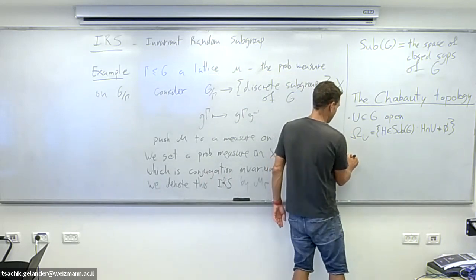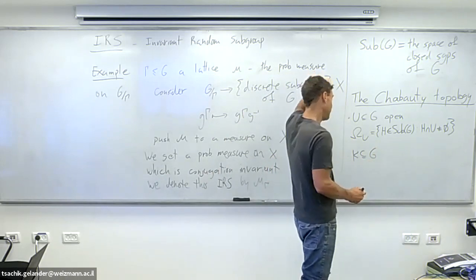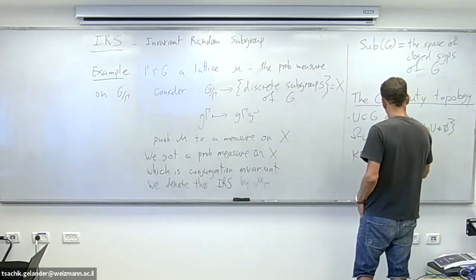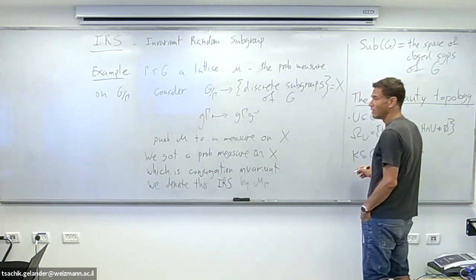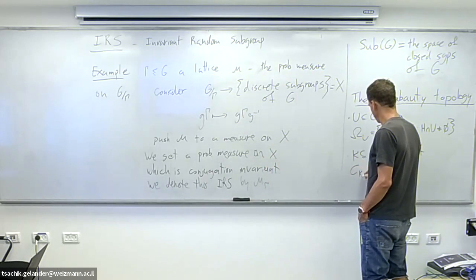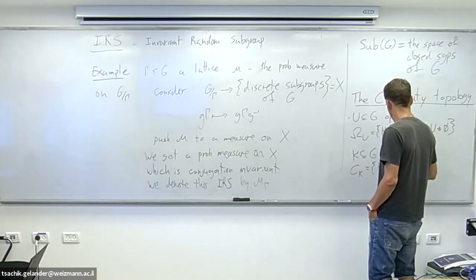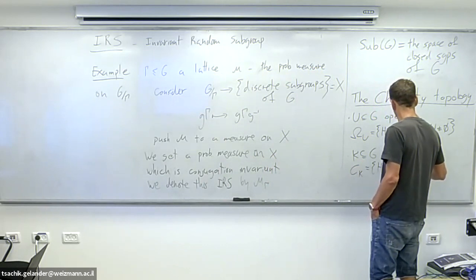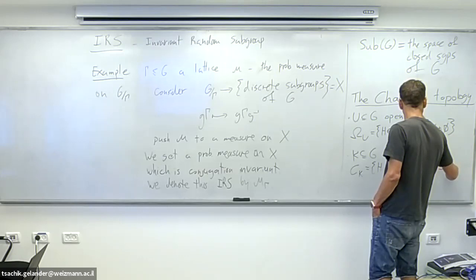And then if K in G is compact, that's another type of open set. Then I can define, let's say, CK to be the set of all H in the space of all closed subgroups such that the intersection of H with K is empty.